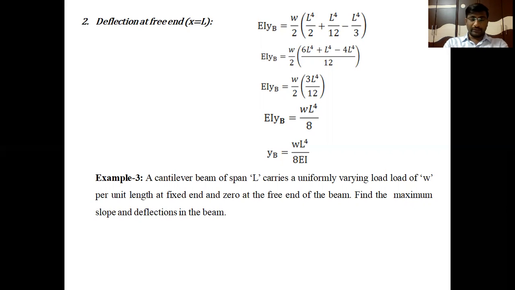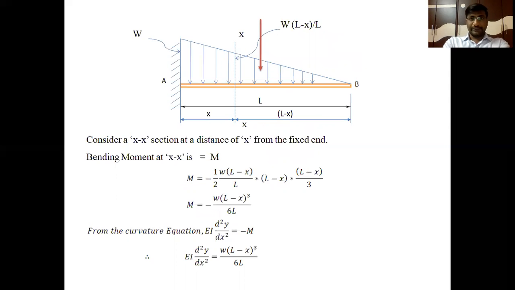Whatever the load applied on the cantilever beam, either point load or UDL, the maximum slope and deflection will be developed at the free end. Okay, students, let us go for the solution for this problem.